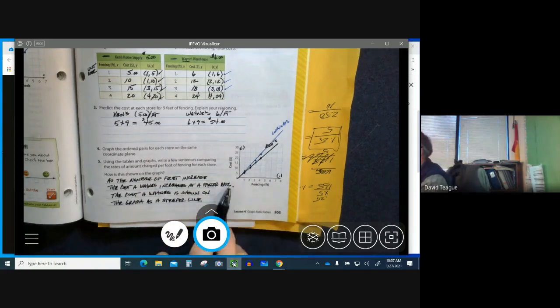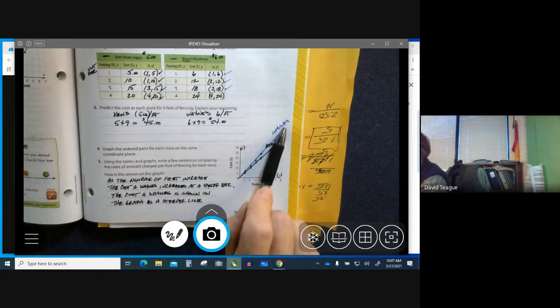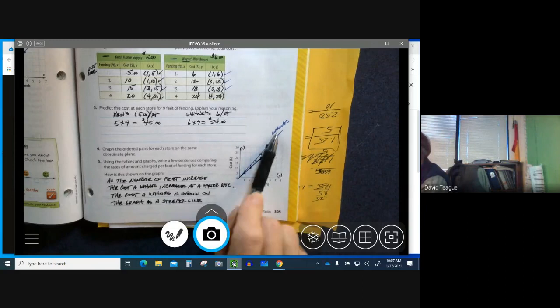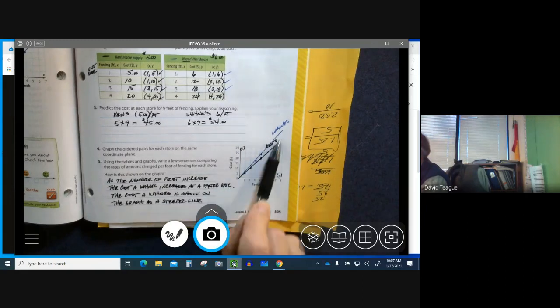Okay, so since Wayne's is a steeper line, it climbs faster, then we know that there is more cost because this is the axis that's climbing up this way.